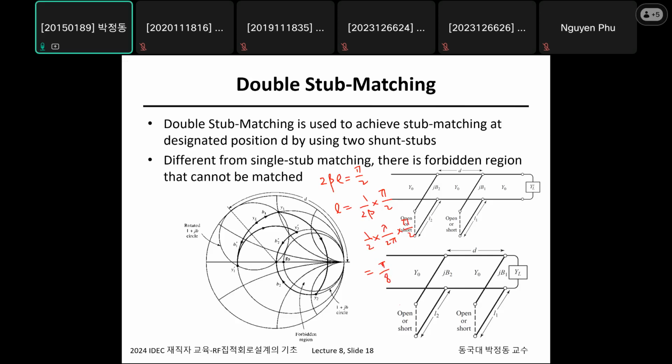Pi over 8, right? If you choose a length of D is pi over 8, you just arbitrarily move from this to this amount, this to this amount. Okay. So let's say this impedance is Y1, and let's say this impedance is Y1 prime. So basically, this length is moving this Y1 to Y1 prime, this to this.